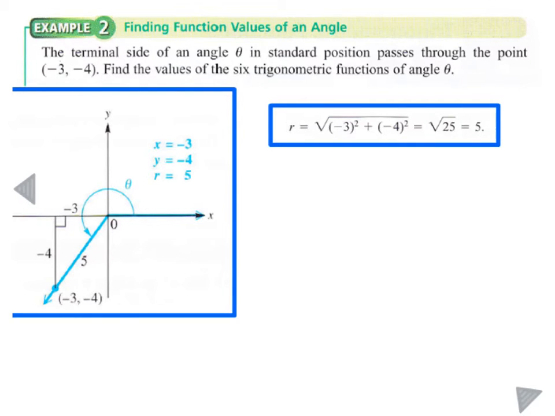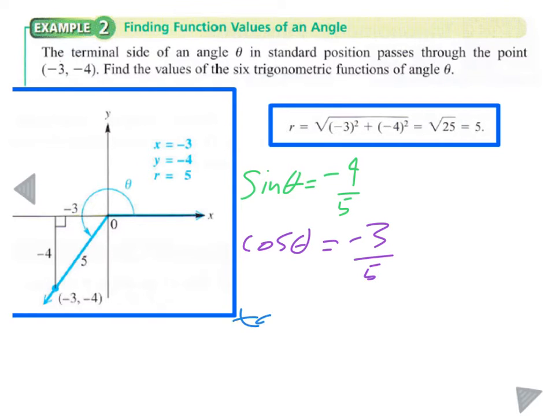From there, it's just a matter of writing out those six trig function values. So the sine of theta, again, being y over r, so -4 over 5. The cosine of theta being x over r, so -3 over 5. And the tangent of theta being y over x, so -4 over -3.